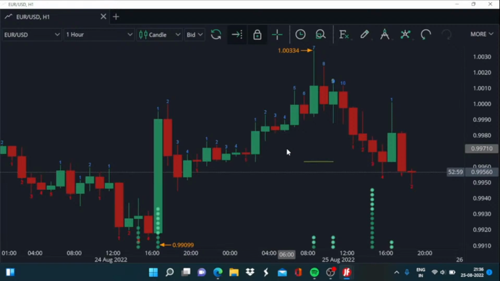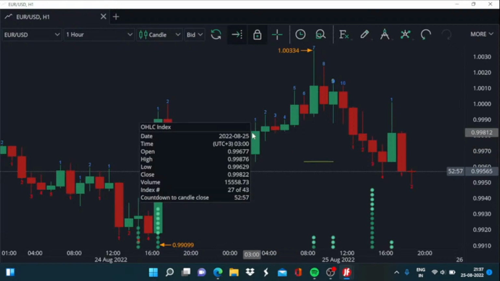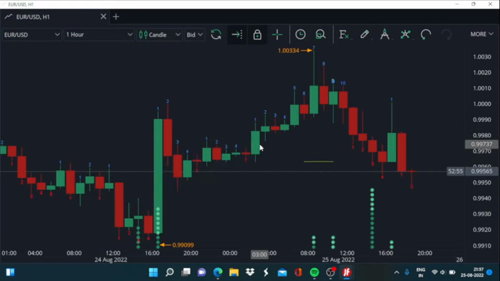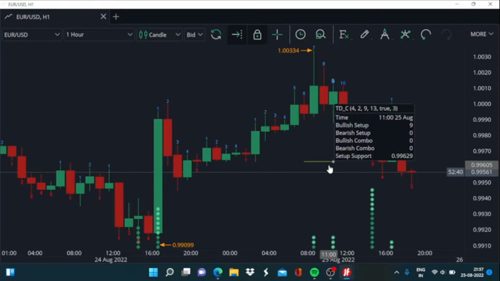Now here, when we had this TD combo setup going all the way above 9, we had this prior support area before the start of this new bullish trend. We had those lows, and those low levels are now expected to act as the support in the near term.